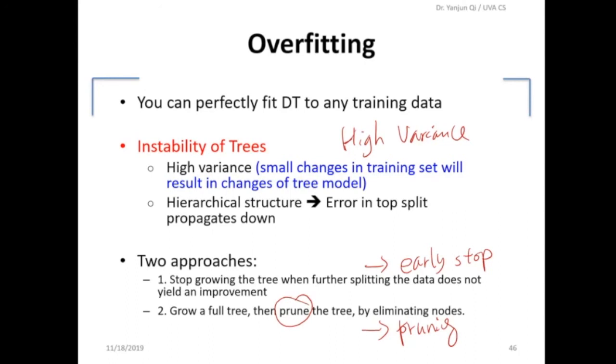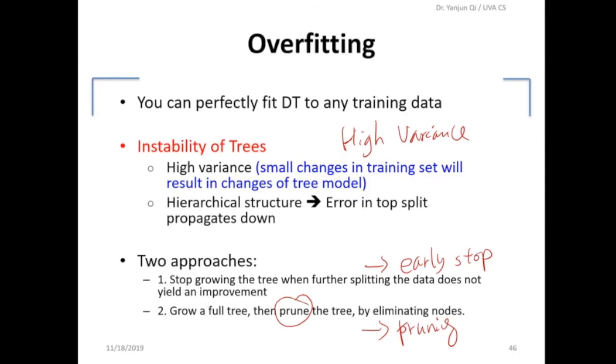It also has a hierarchy structure, which means if there are errors at the top node, they are easily propagated into the lower nodes. There are two different approaches people use to solve this instability or overfitting: one is called early stopping, the other is called pruning.